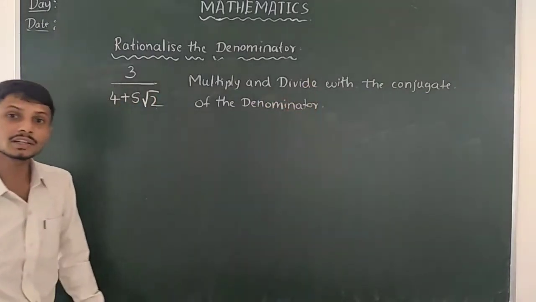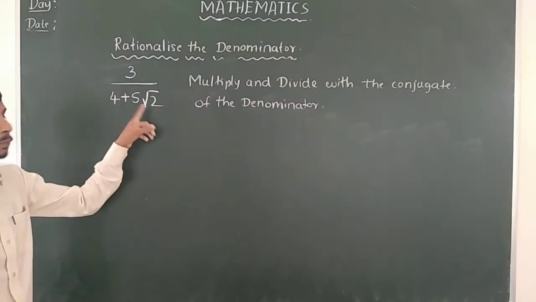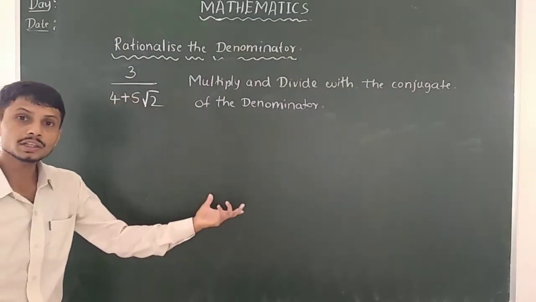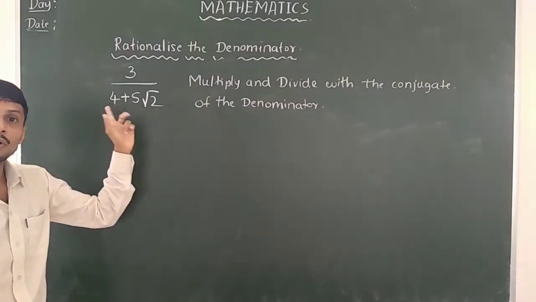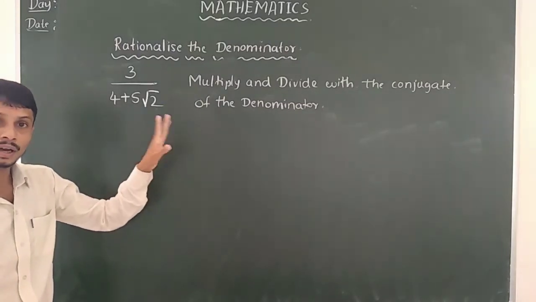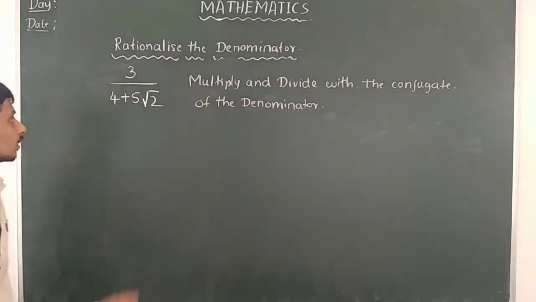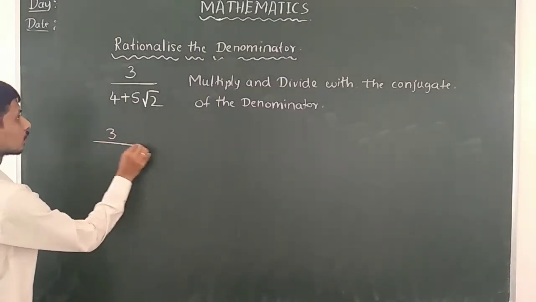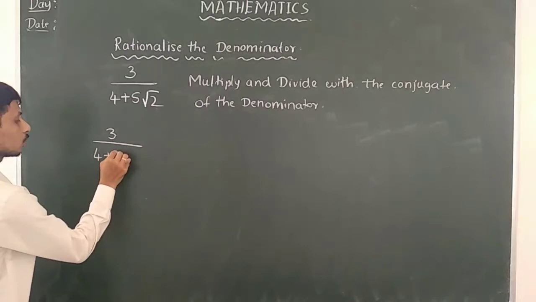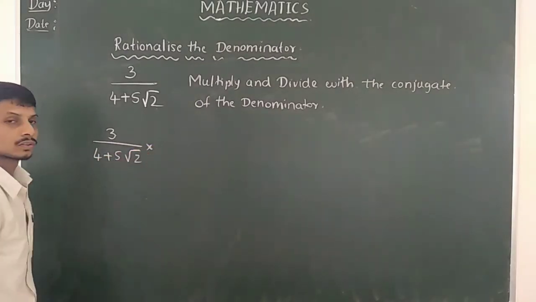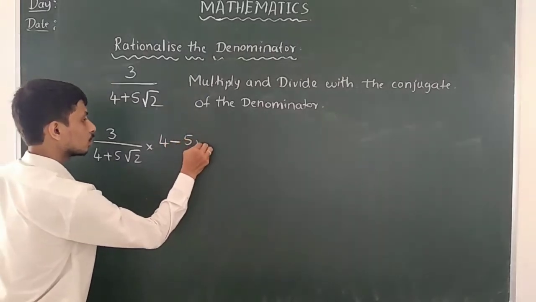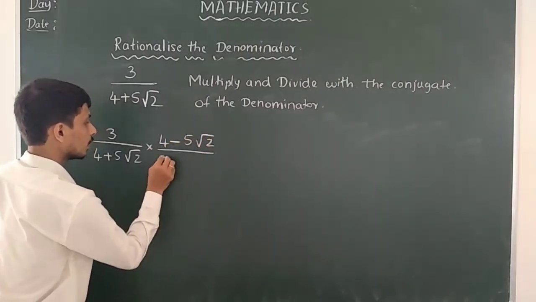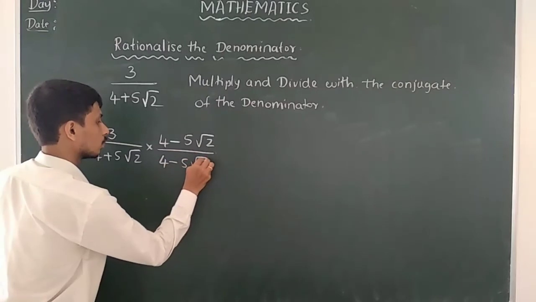Yes, what is the conjugate of the denominator? It's 4 plus 5 root 2. That means the conjugate of the denominator is just taking the minus sign here. So 4 minus 5 root 2 is the conjugate of the denominator. So we have to multiply and divide with 4 minus 5 root 2 divided by 4 minus 5 root 2.